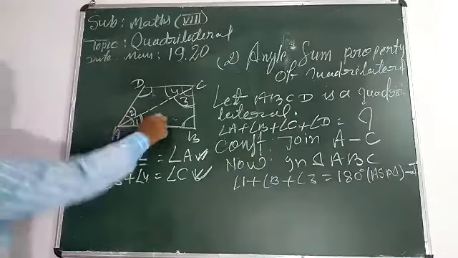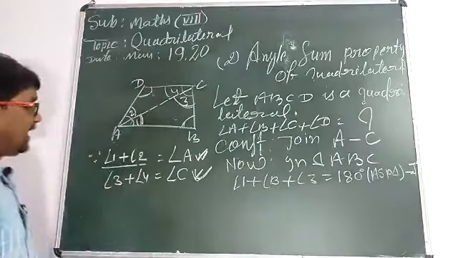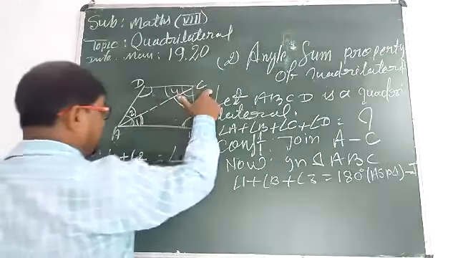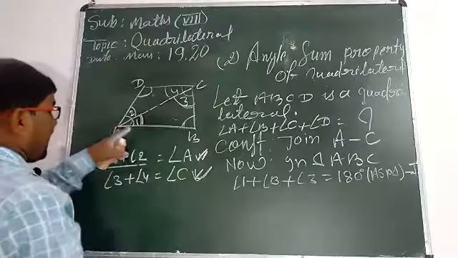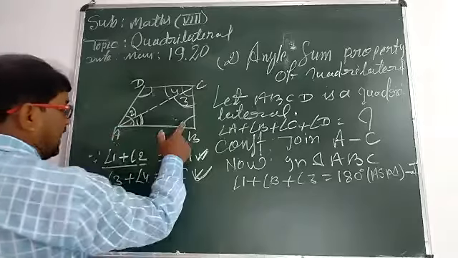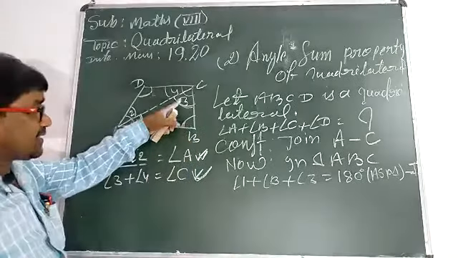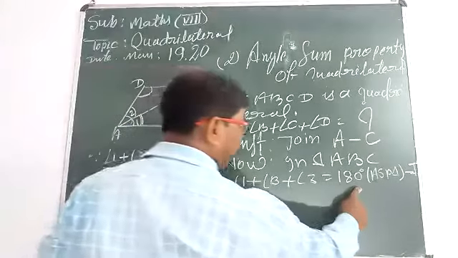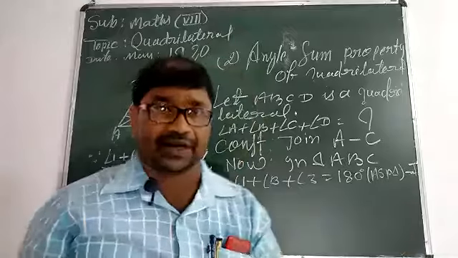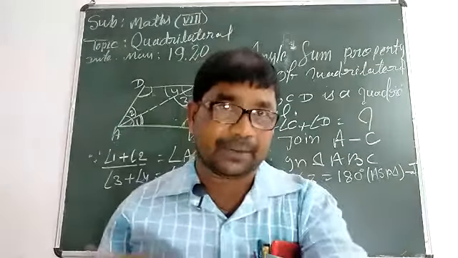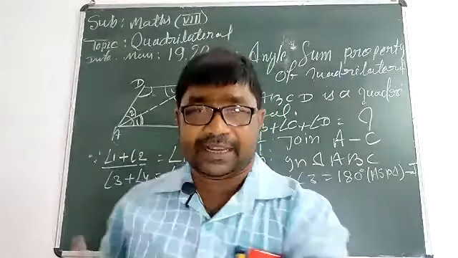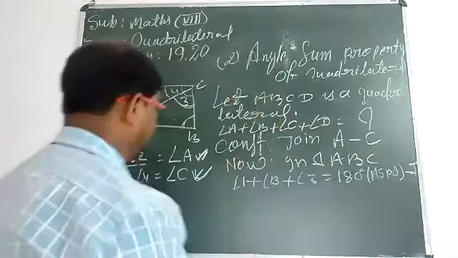In this triangle ABC, angle 1 plus angle B plus angle 3 equal to 180 degrees, angle sum property of triangle.